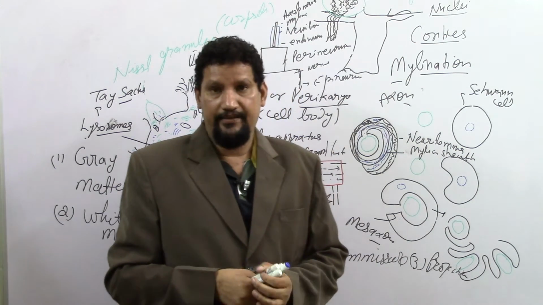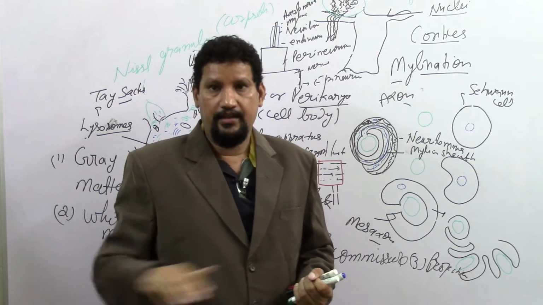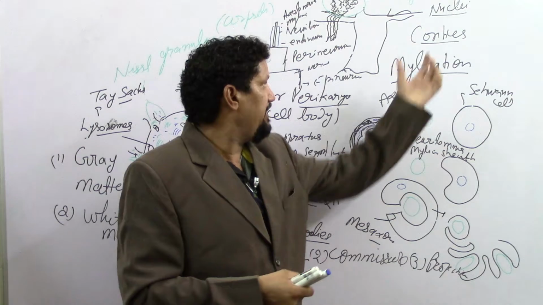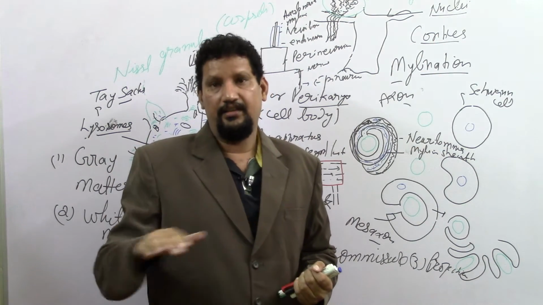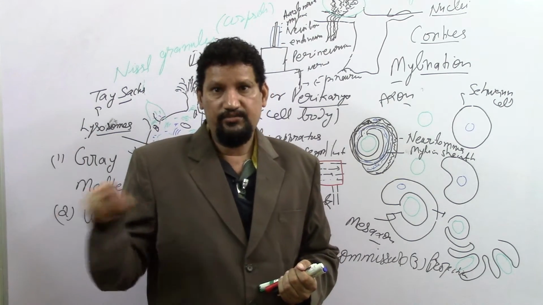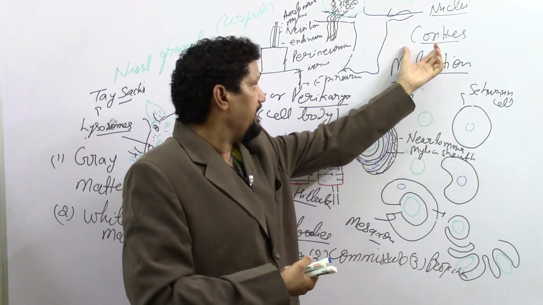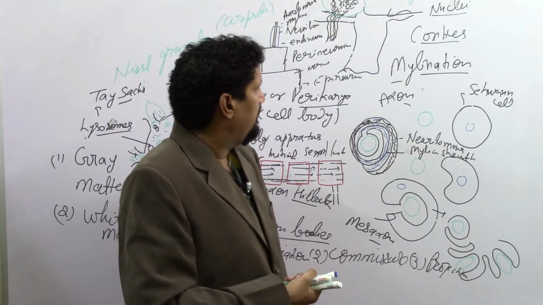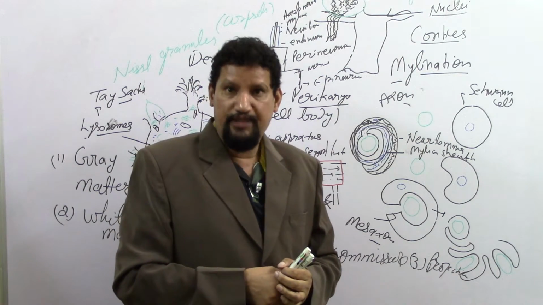This cortex has a horizontal arrangement of these perikarya, or gray matter. Anatomically these are horizontal, but functionally they are vertical columns of gray matter. These are known as cortex, like the cerebral cortex, cerebellar cortex, or cortex of the superior colliculi of the midbrain.